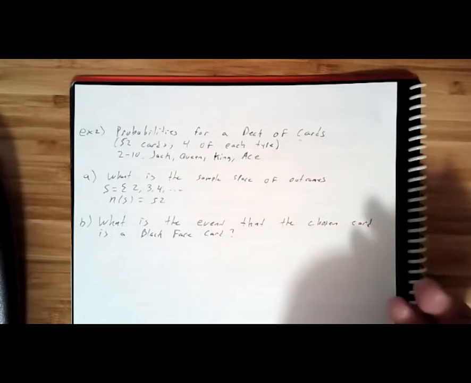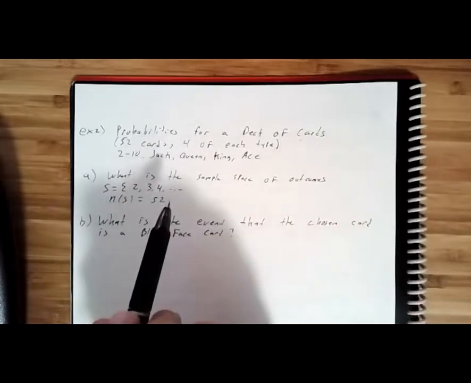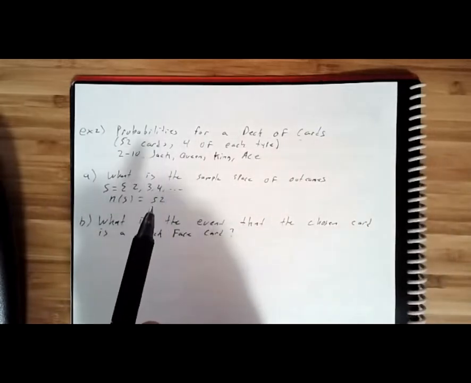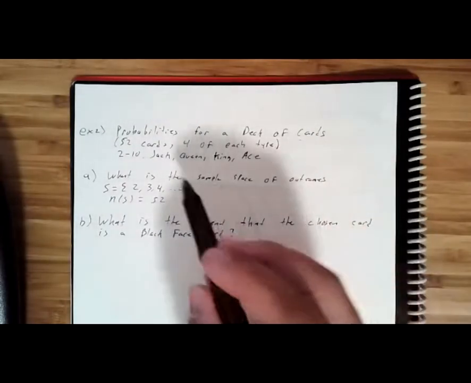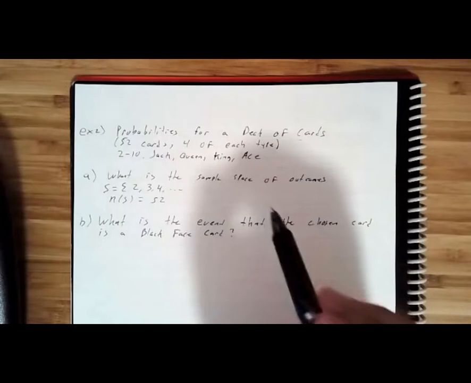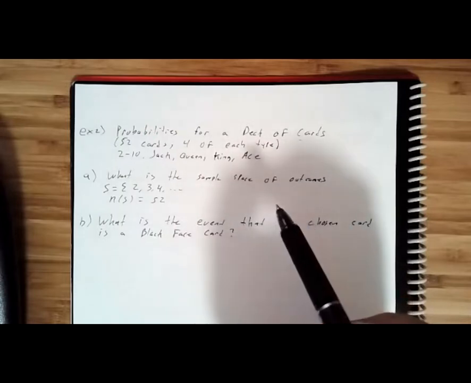How many black faces are there? Well, there's 13 different types: ace, 2, 3, 4, 5, 6, 7, 8, 9, 10, 11, 12, 13. So there are 13 types.